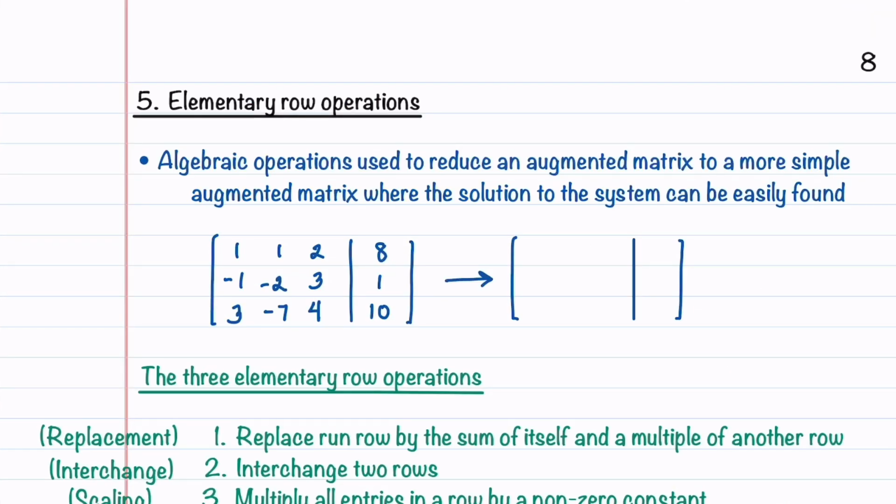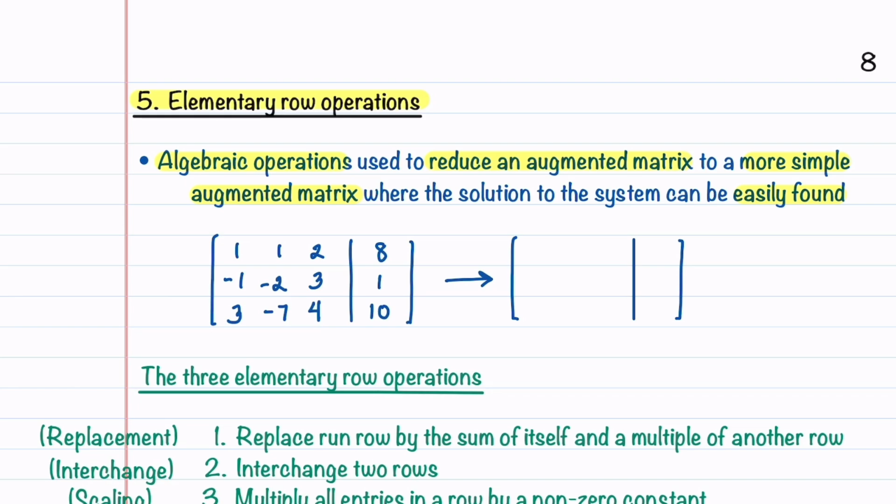Let's now go to page 8 and talk about elementary row operations. Row operations are the algebraic operations that we've been using to reduce an augmented matrix to a more simple augmented matrix where we can easily find the solution. We just did this in the previous example.